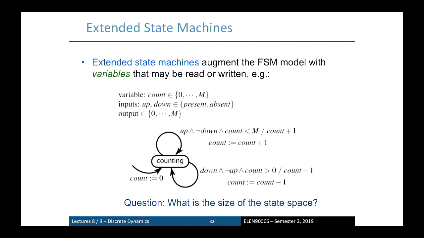We have to bound it by something as well, too. So we could bound it by some number m, right? We also lower bound it by 0, so that if a car comes out and down is present, and it's above 0, we make sure count is decremented, but we don't decrement it below 0.